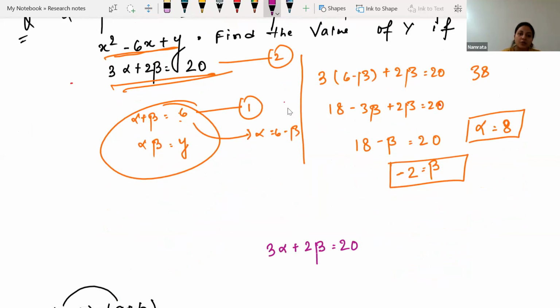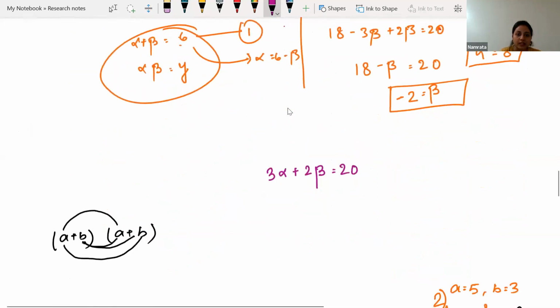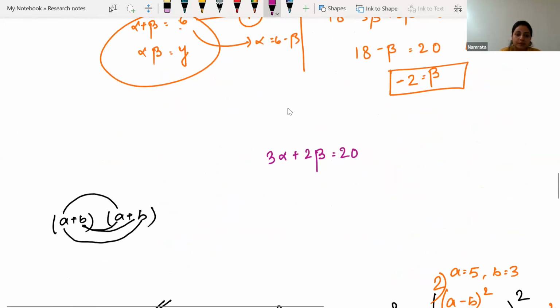And then here you have tried to convert it into the form of a quadratic equation by doing the squaring on both sides. Yes, ma'am. Can you tell me your step? I'll be writing it over here. Yes, so 3 alpha plus 2 beta whole square is equal to 20 whole square.